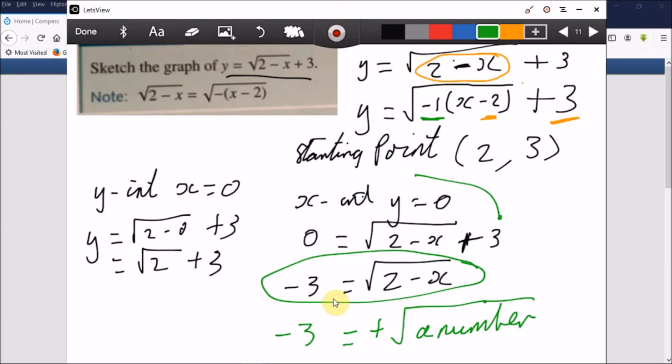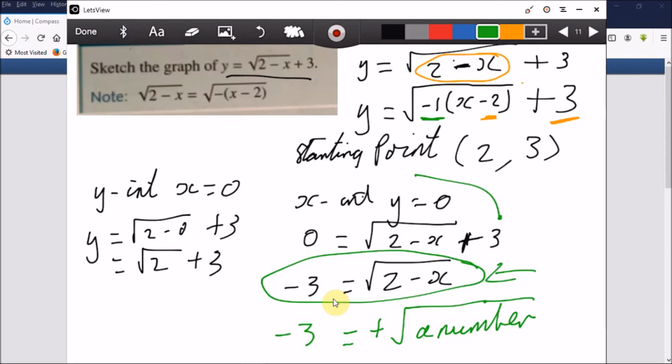And this is where the problem lies. It means that the positive square root of some number is going to be a negative, and the positive square root of some number can't be a negative.